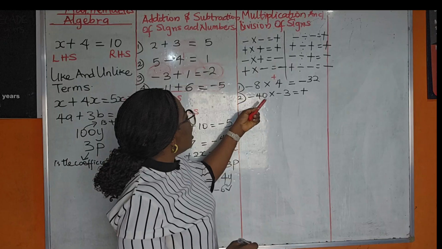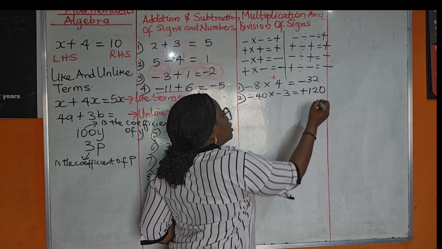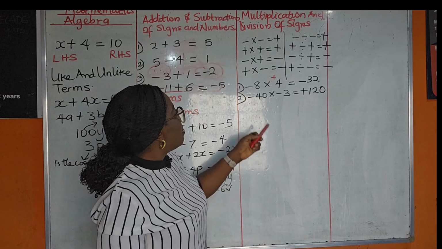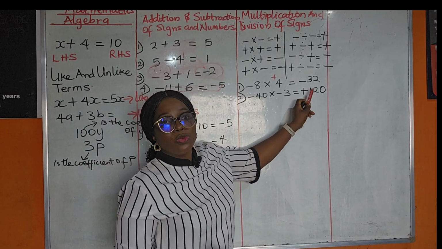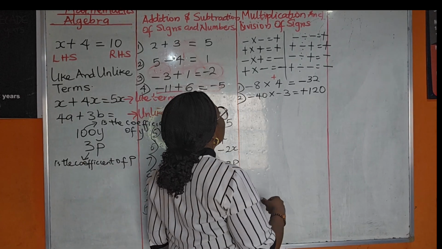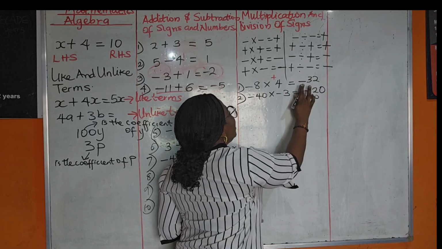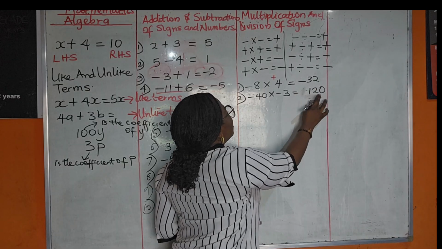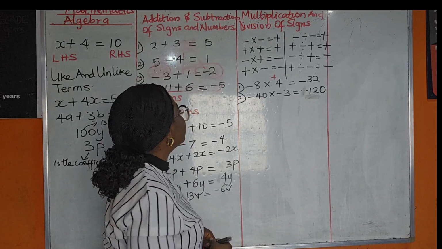Then we multiply the numbers. 40 times 3 is what? 120. So minus 40 times minus 3 gives us plus 120. Or you can simply write 120. You can clean the plus sign when you're done, because we already know that 120 carries a plus sign.